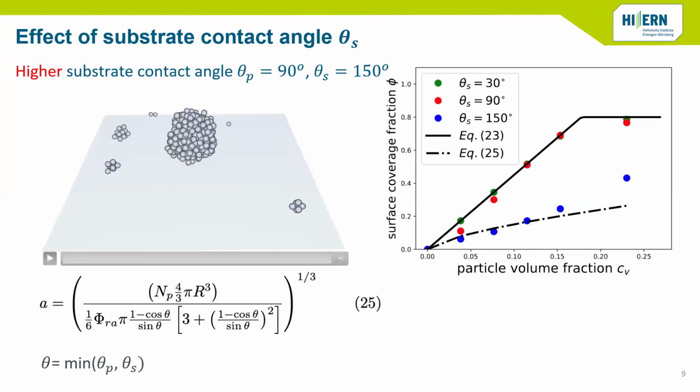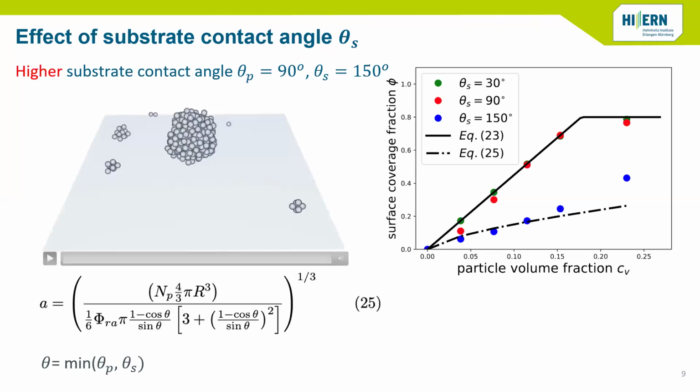And so then I get this formula. This is the footprint of the droplet as a function of the particle number. Also, this is the random packing fraction of spheres in 3D. And theta is the contact angle of particles or substrate. It will be determined by which contact angle is the minimum. Then plot out this equation 25.